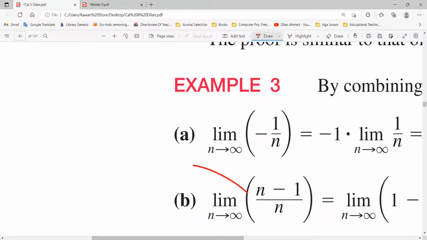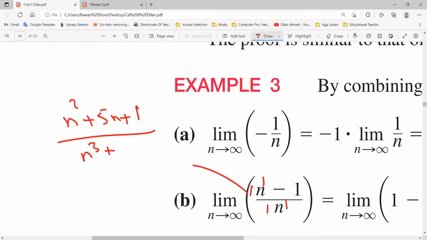Degree 1. So we have three cases, equal to the coefficient ratio, right? The easiest way. You can also solve it by L'Hopital, but you don't need to. We have polynomials, for example, where every x changes to n, nothing else. So n plus 1 over 3n to the power 5 plus 2n squared plus 2.